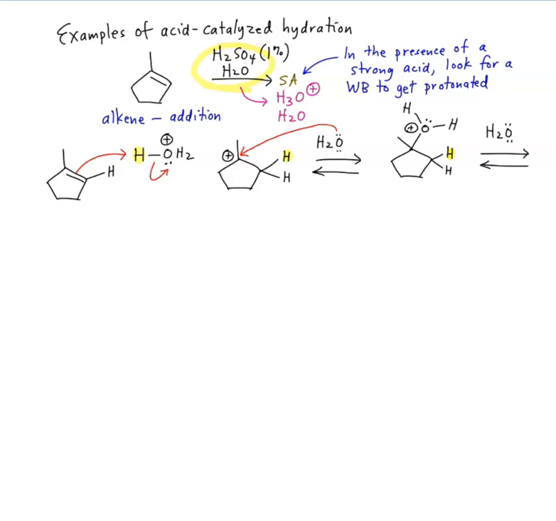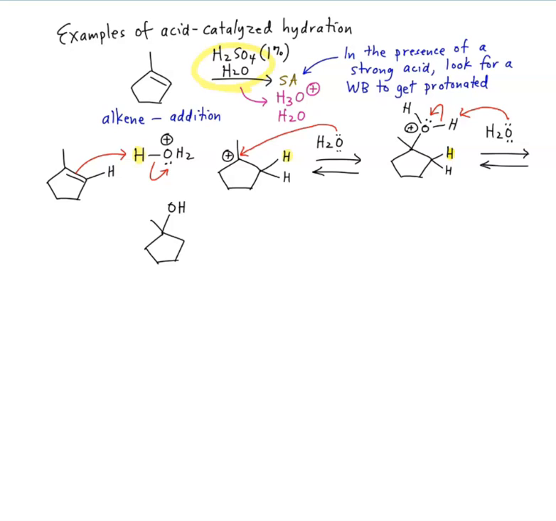That intermediate is then deprotonated. And that gives you the product, which is an alcohol. Notice that I'm drawing the product in skeletal format, leaving out hydrogens. Remember, we don't have to draw those explicitly.